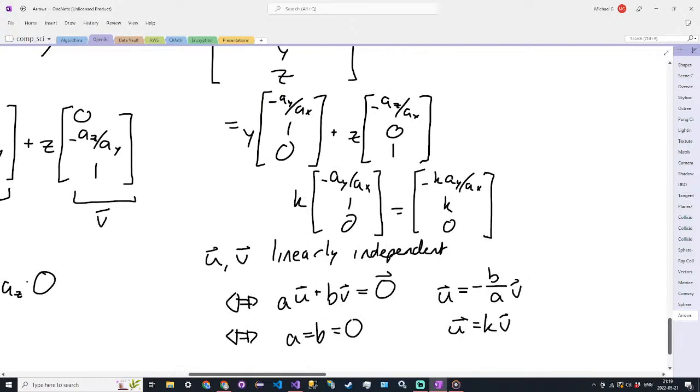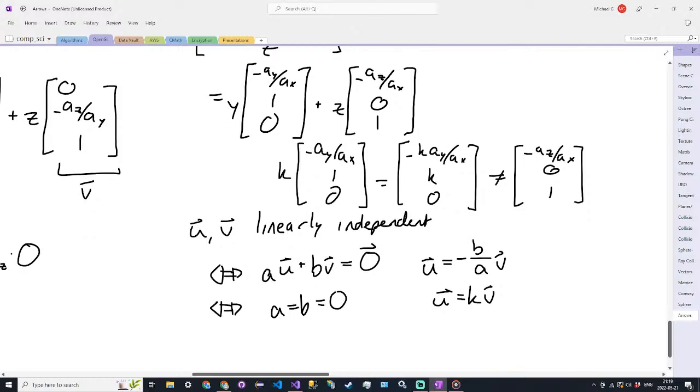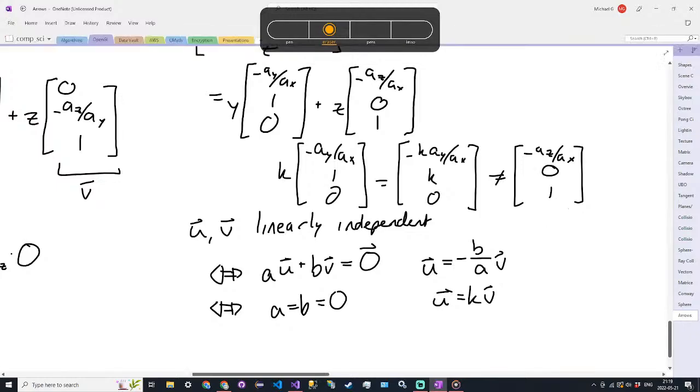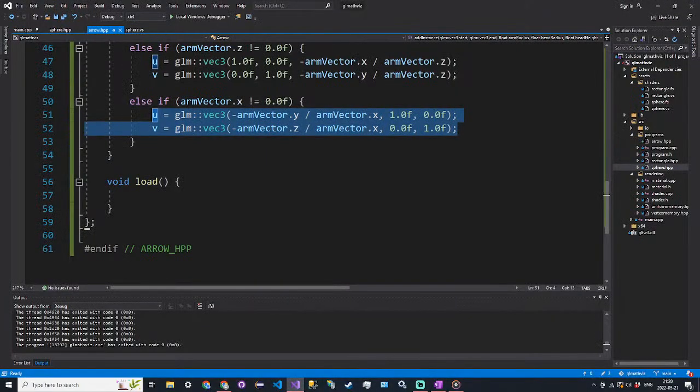And there's no value of k for which this can equal the other one, minus az over ax, 0, 1. Maybe we can get the top coordinates to match, but k cannot be 0, because that doesn't exist, and 0 never equals 1. k equals 0 is trivial, and 0 cannot equal 1. So these are linearly independent, and you can just do that by matching up the components of the other vectors for the other cases as well.